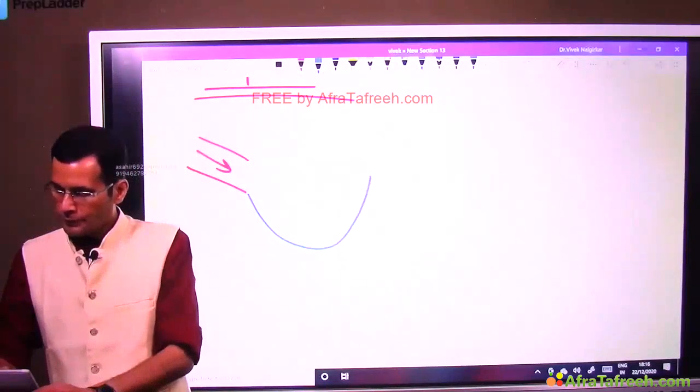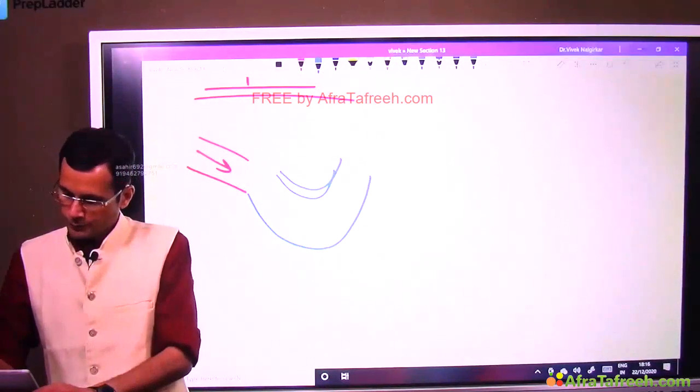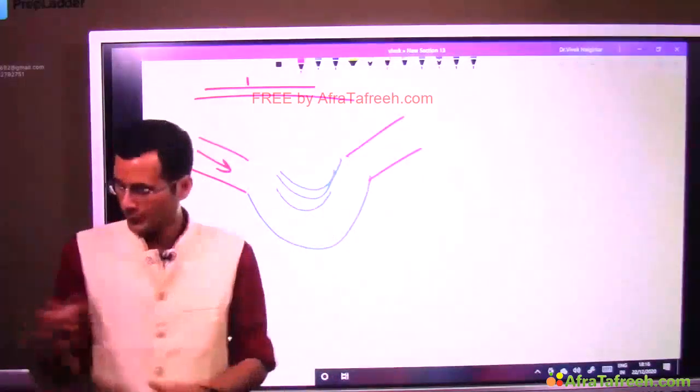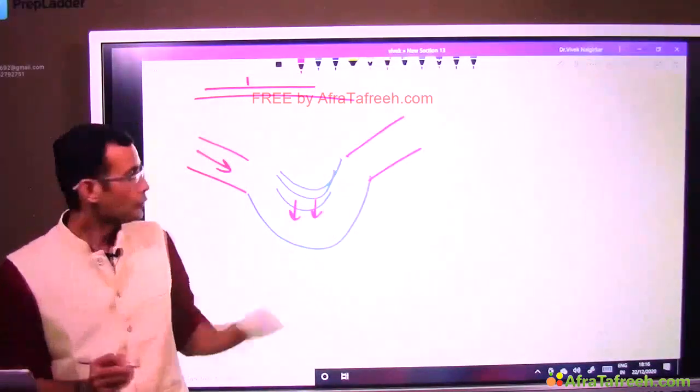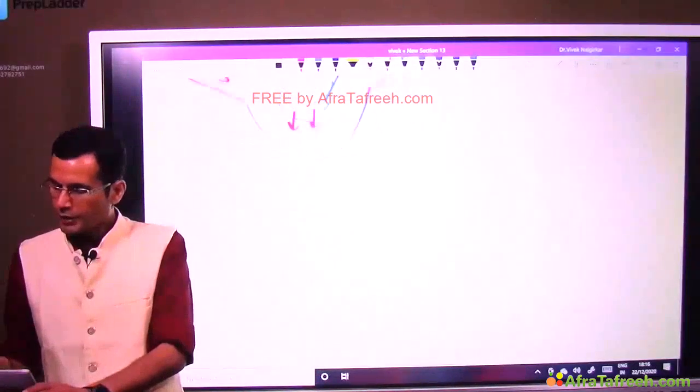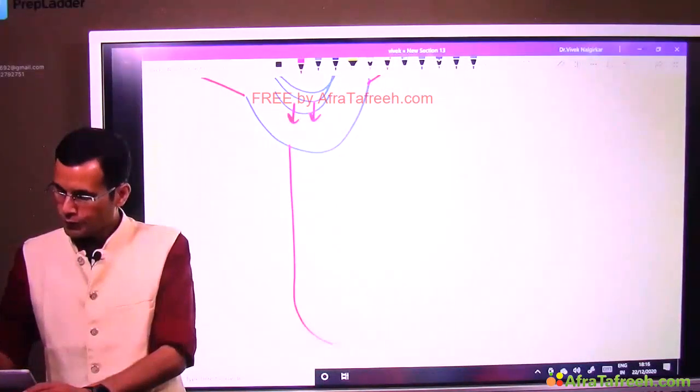The glomerulus is a tuft of capillaries. Here there will be filtration of substances into the Bowman's capsule, and then they will start flowing down the tubules.